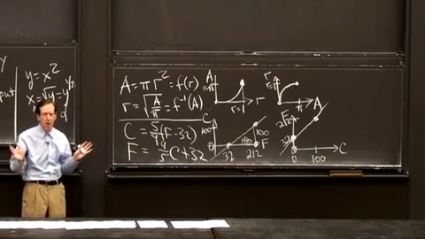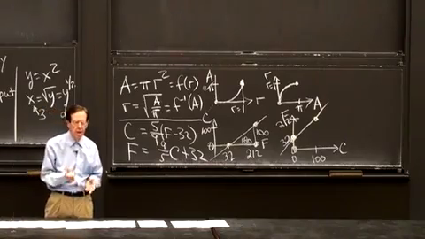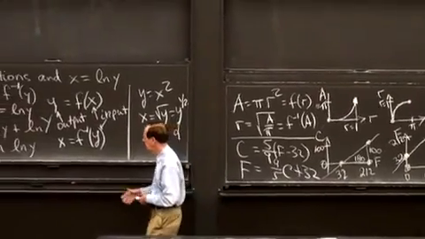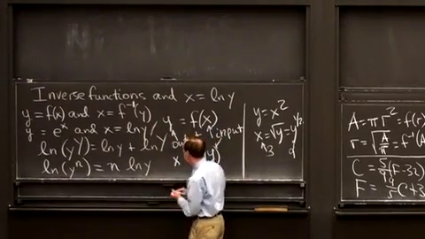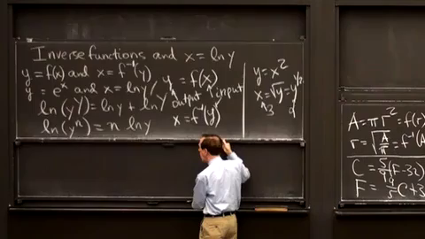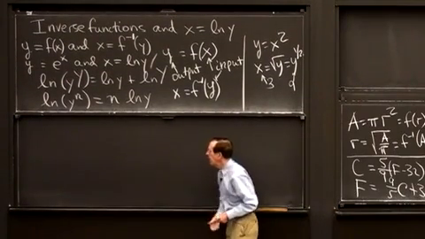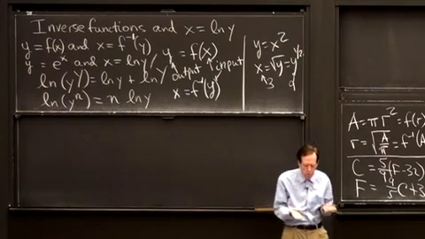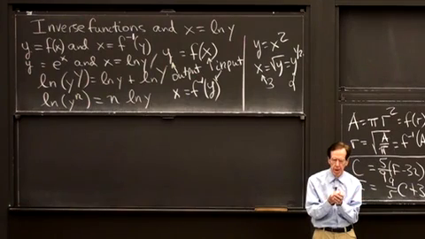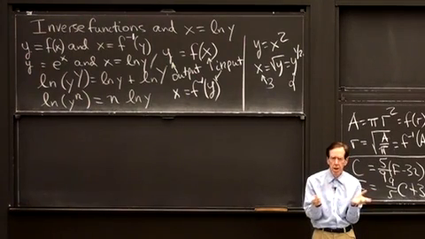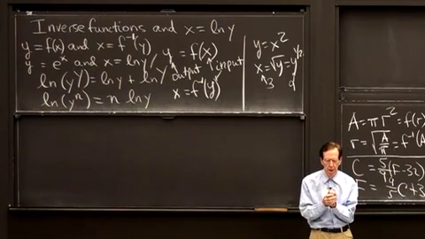Okay, now are we ready for the real thing, meaning exponentials? So I come back to this board, which tells me what I'm after. What am I saying here? I'm saying that the logarithm is going to be the inverse function of e to the x.